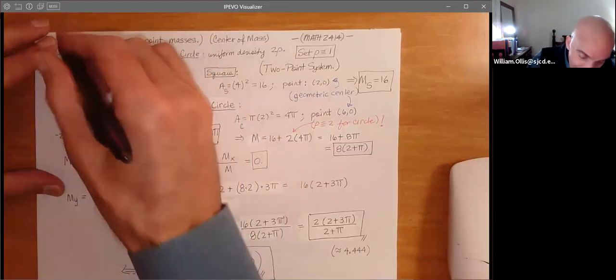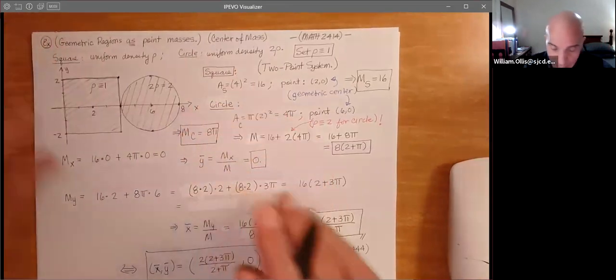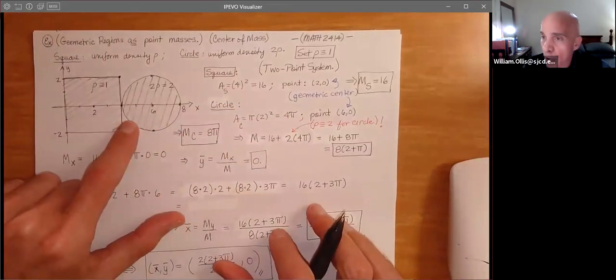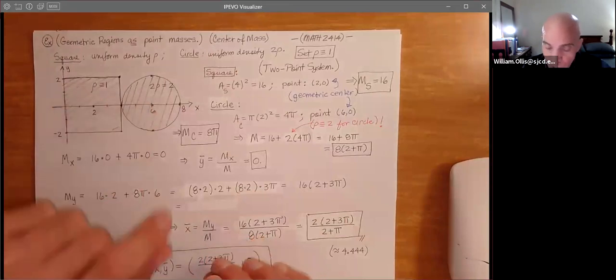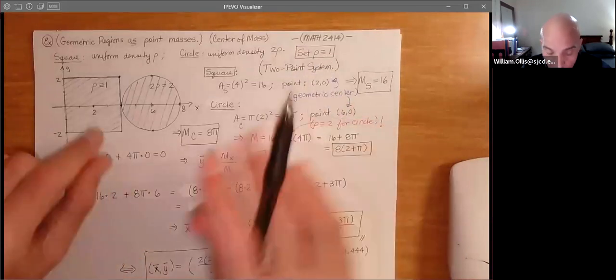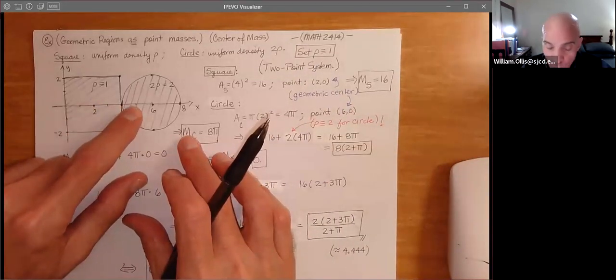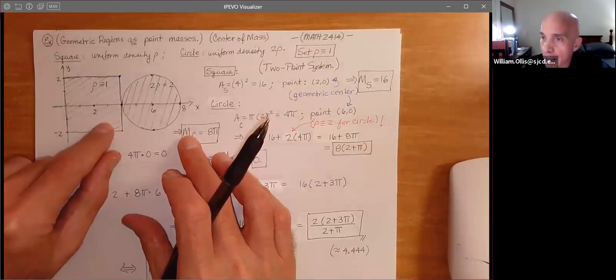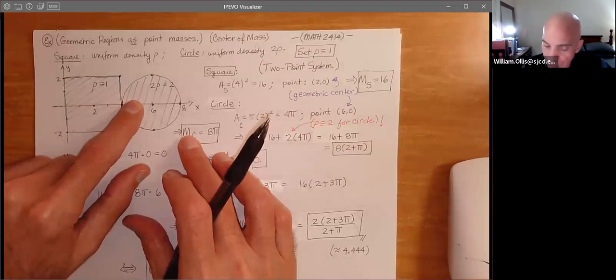We have the y-axis here, the x-axis here, and the coordinates are already good for us. The only hiccup, again, we're going to set rho to be 1, but the area density of the circle is twice that of the square. So we have to note that when we do this problem.